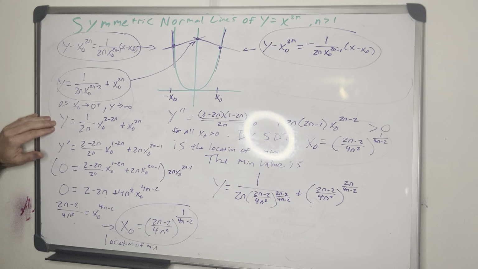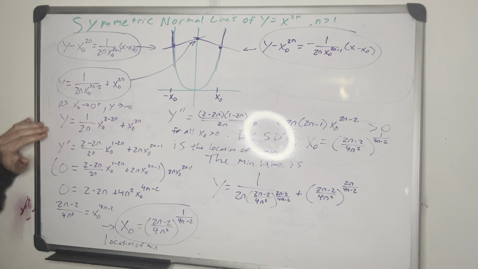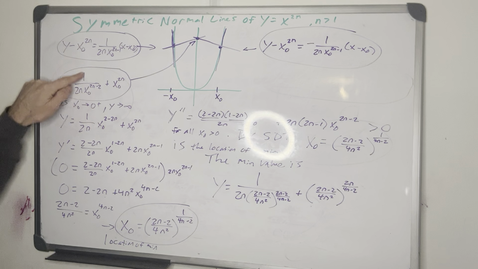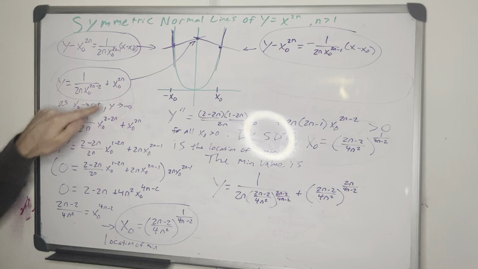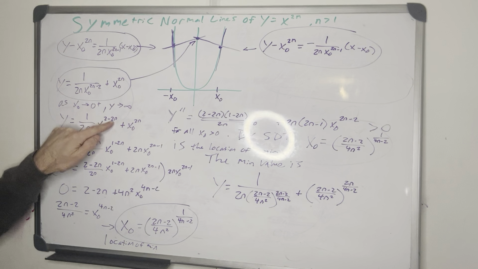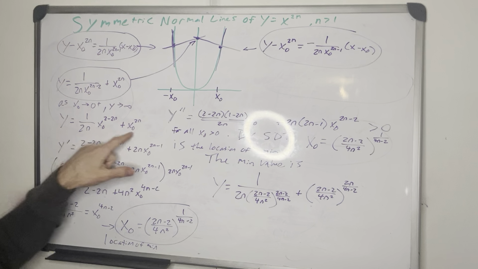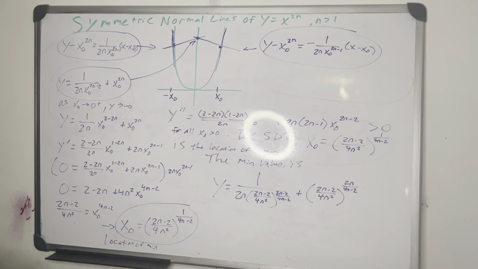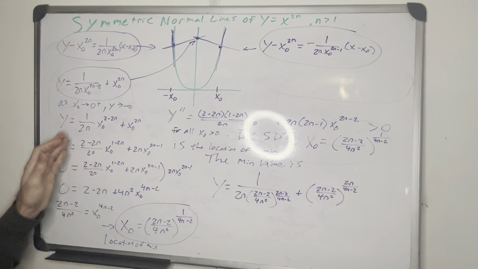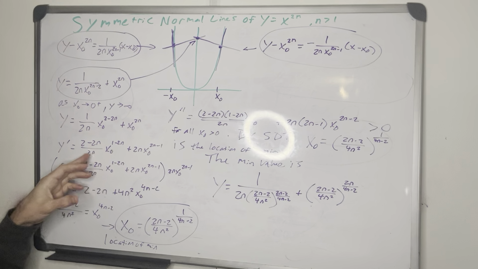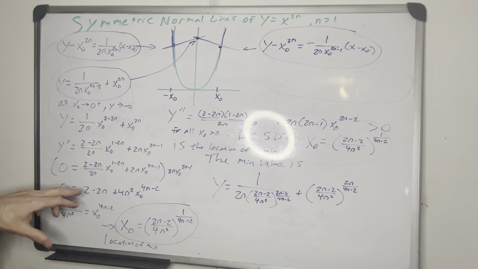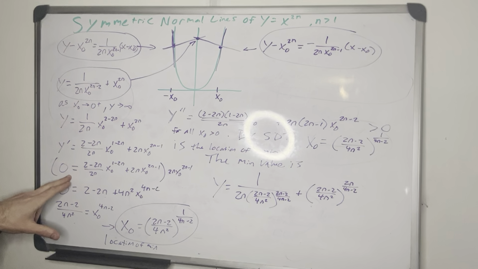This is a differentiable function in x0, so you can take its derivative, and I just rewrote it here, changing the 1 over x0 to the 2n minus 2 to x0 to the 2 minus 2n, using properties of exponents so you can differentiate it easily. Then differentiate using the sum rule and power rule, and then find the critical points.